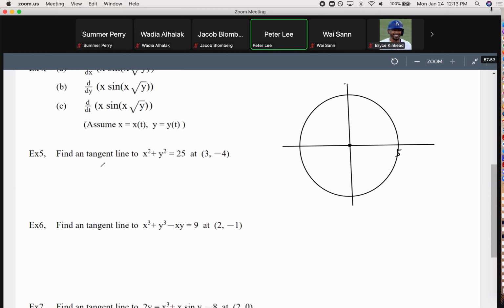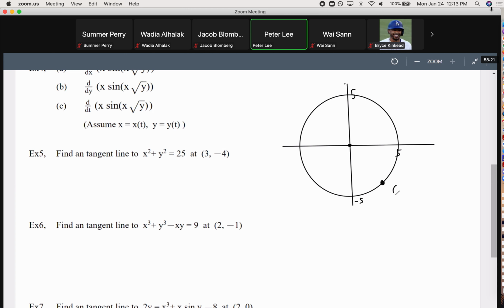Now, find the tangent line to the curve x squared plus y squared equals 25 at the point (3, negative 4). So this is negative 5 here, and this one is 5. Where's the point (3, negative 4)? It's going to be here somewhere.